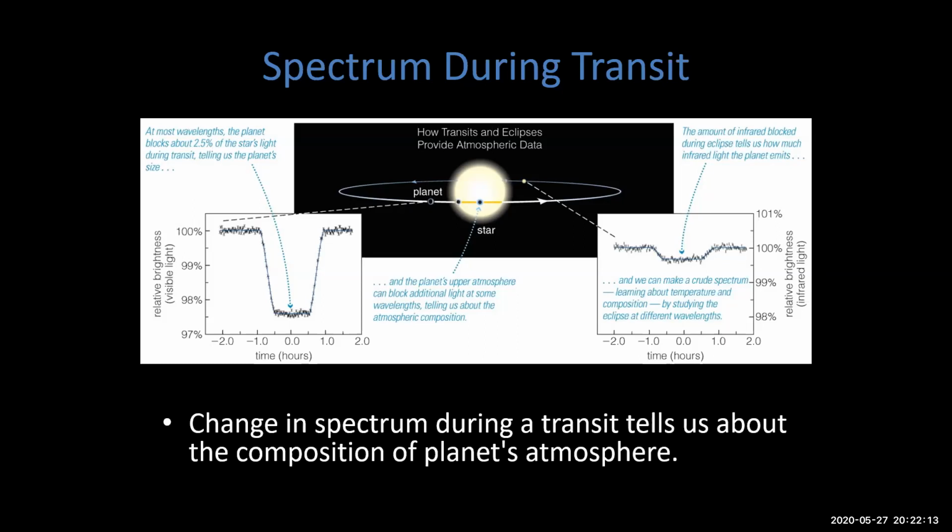And so people started to focus on how the spectrum changes, first of all, and what it tells us about these planets. What would make the spectrum not be exactly the same?